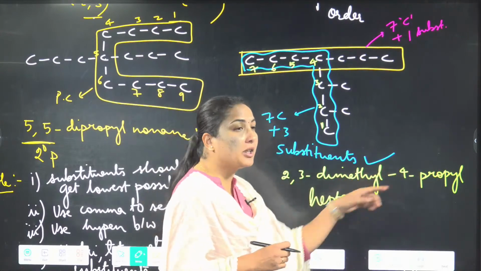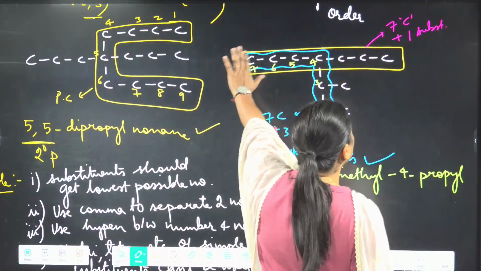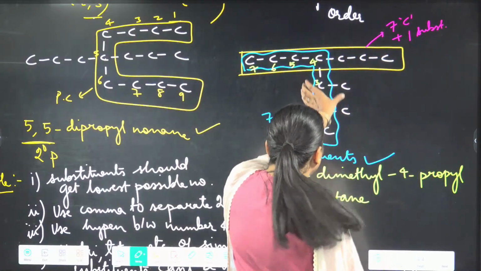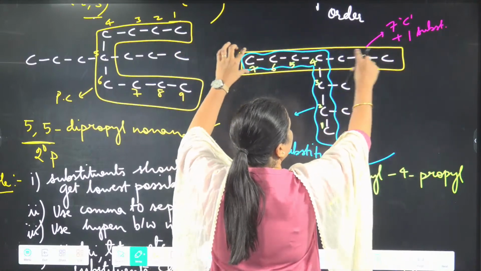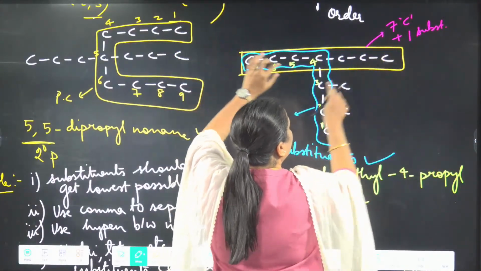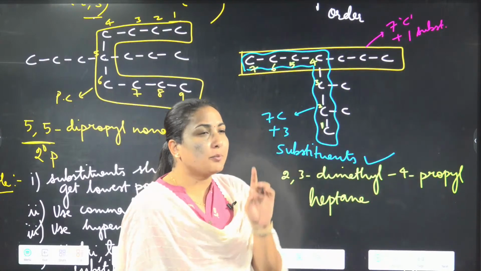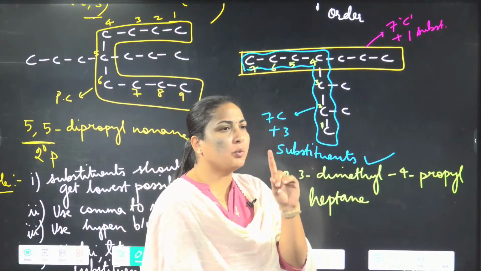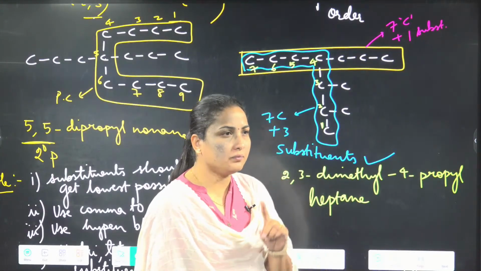So M will be coming earlier than P now. Now the thing is, if I select this chain, this is also a 7-carbon chain, and there is only one substituent, this substituent. The yellow one you highlight. If I select this as the parent chain, whatever else is connected to this chain becomes a substituent. So because of that reason, there is one substituent. Did you understand this part, Vivo? The question which you've asked me, right?